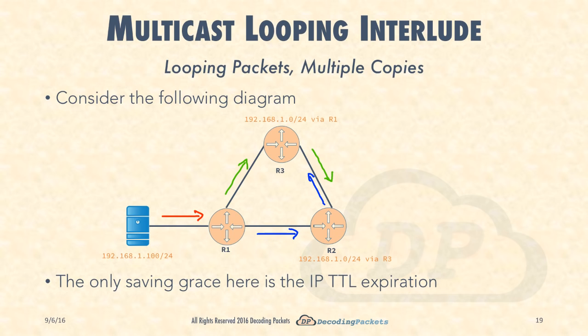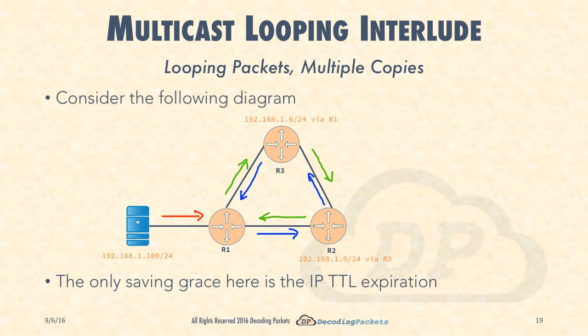Now I think you can already visualize what's going to happen here, because R3 is not really checking anything in these packets. There is no multicast routing protocol. It'll receive the blue packet and forward it down to R1. R2 would do the same thing to the green packet, forward it down to R1. Now R1 received a single copy of that packet, but ended up receiving 2 copies back.